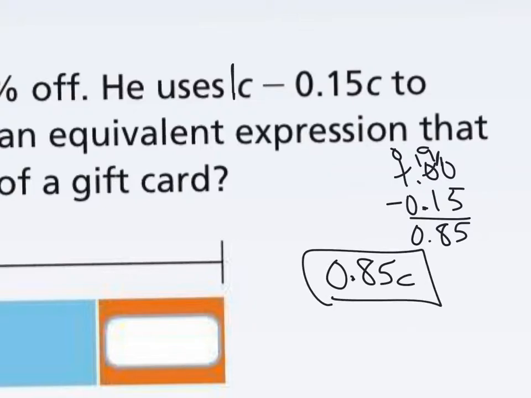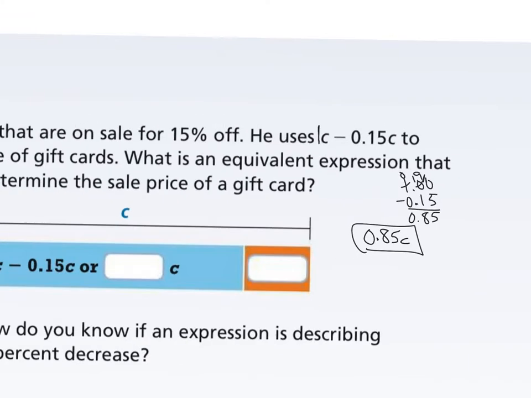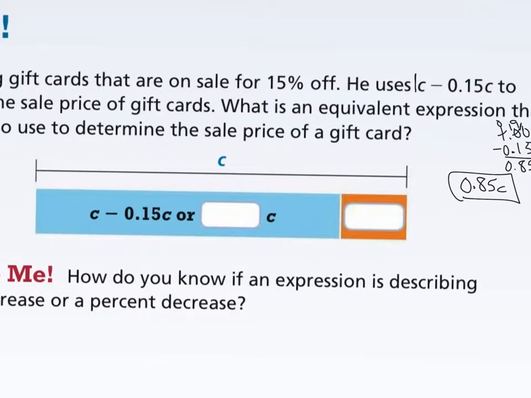would be our expression. So using this bar diagram the book's using, to fill in these, we could say this is 85 hundredths C, and then this is the 15/100 C that we're saving.